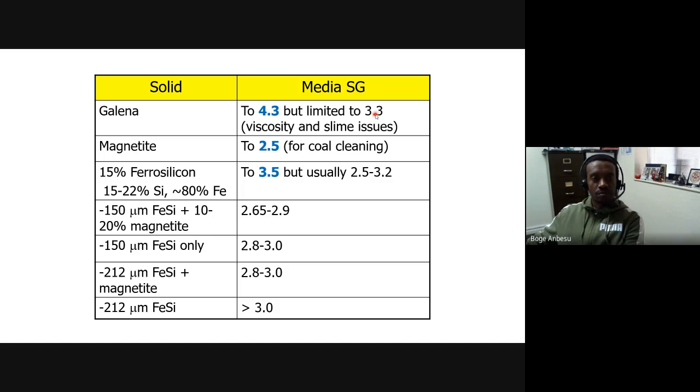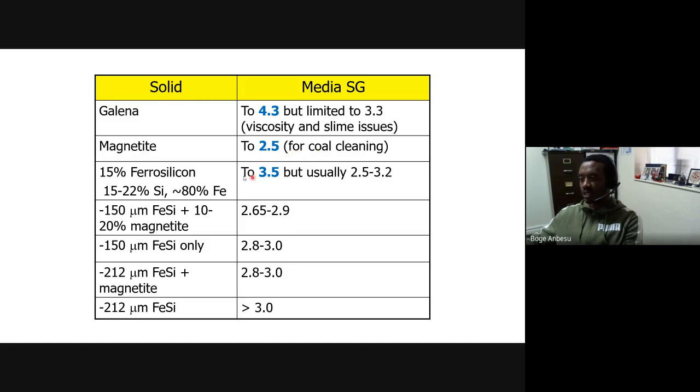And depending on how fine the particles are, you may run into problems as soon as you want to create a media of more than 4, because you would need to grind it finely to avoid the galena itself settling, and that may again result in issues with viscosity and slime and so on. So with galena, ideally you want to make a media of about 3 specific gravity. With magnetite, you can go up to 2.5.